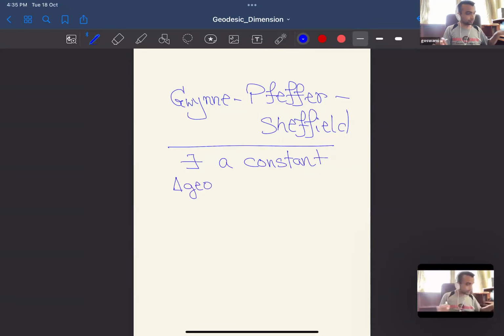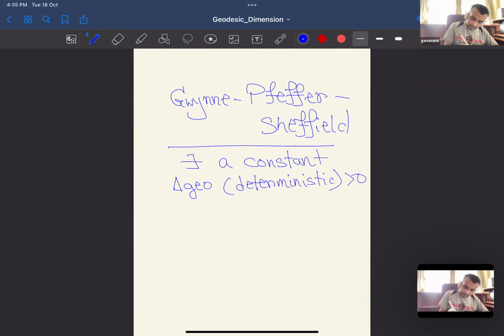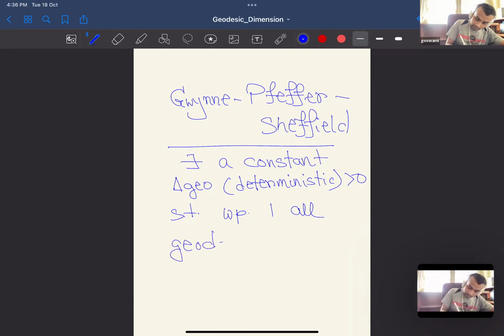This is a constant, deterministic, and that's important, such that with probability 1, all geodesics starting from 0.